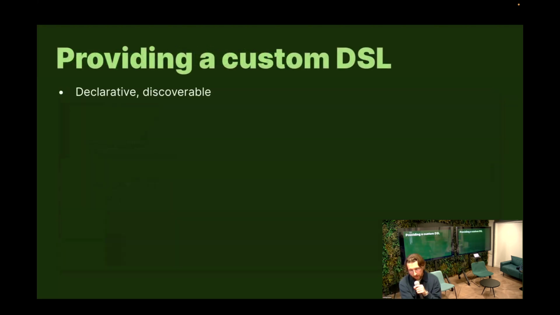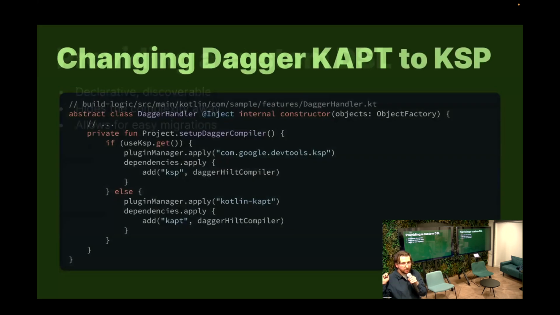Cool. So this way we are providing a declarative, hopefully discoverable API to our team members, and we hide the complexity away, and it will allow for easy migrations. And here's an example. When we moved from using KAPT, we wanted to avoid having to update it in all places.